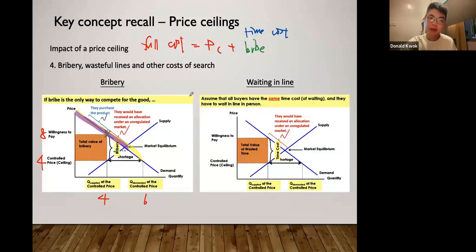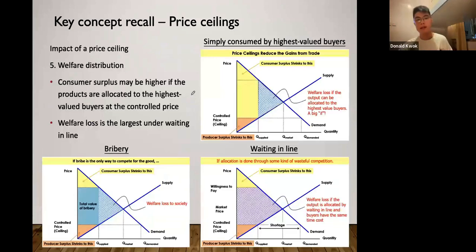The final thing is the welfare analysis under an effective price ceiling. We have three allocation methods here. Consumer surplus may be higher under the first allocation method, where the good is simply consumed by the highest value buyers. Why? If there's no price ceiling yet, the consumer surplus is this blue triangle.